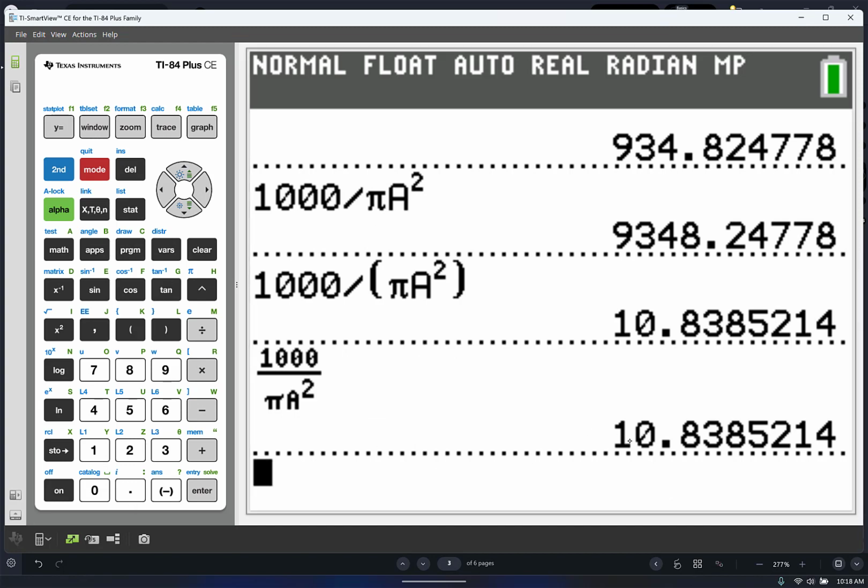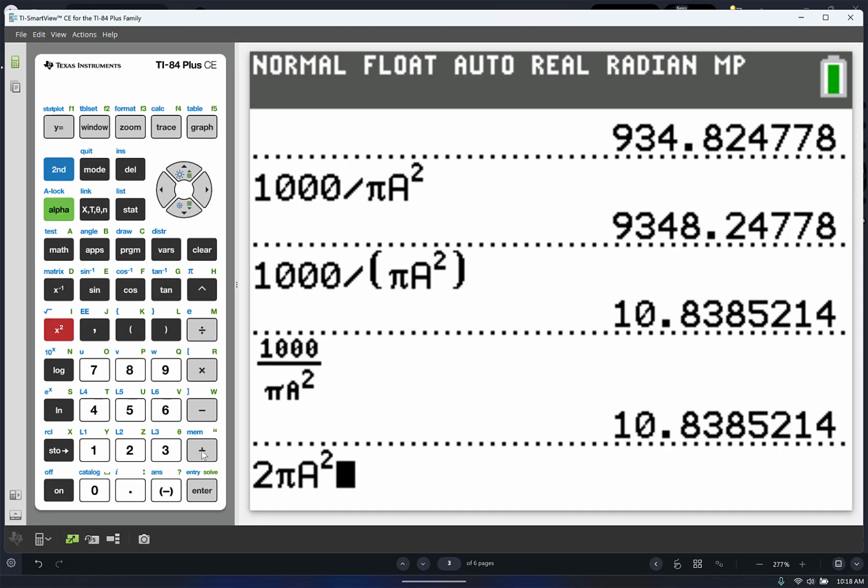This is my h. Okay, now give me the original with the h. So it was 2. Give me the original equation with 2 pi r squared. So I have it in a squared plus 2 pi a h.